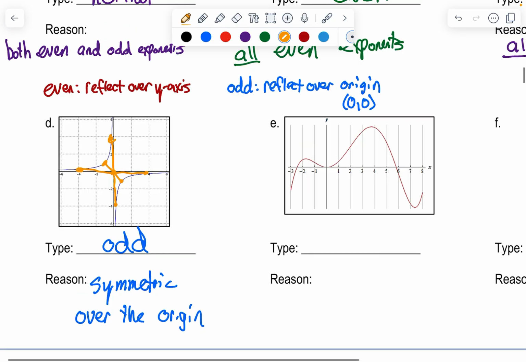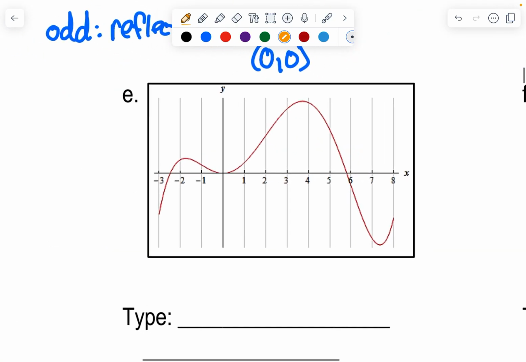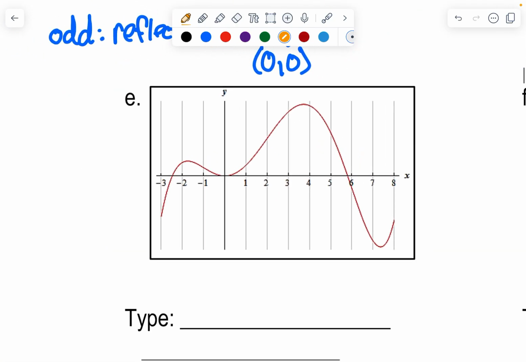So as I keep going through, take a look here. Now this graph's a little weird. It doesn't have the X markings, but look, there's your origin right there. The first thing I like to check is y. Take a look. Yeah, it doesn't reflect over y. So then I'm going to take a look at the origin. It doesn't reflect over the origin. I'd probably be around here. No, so this is going to be your neither.